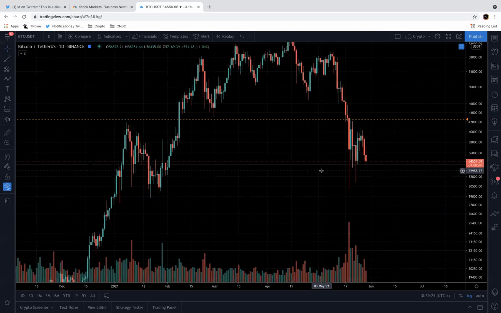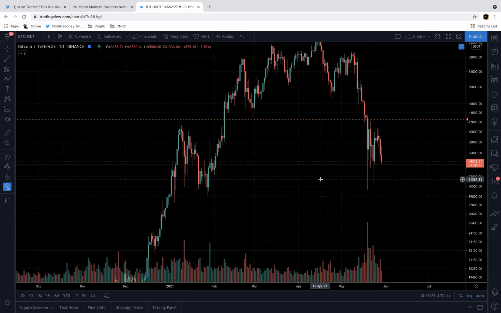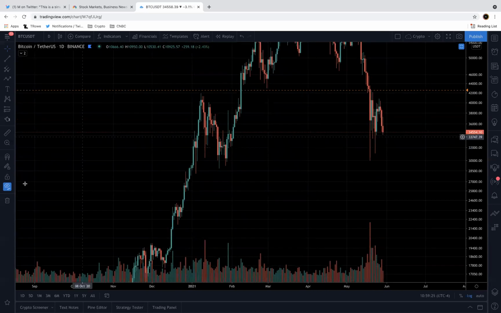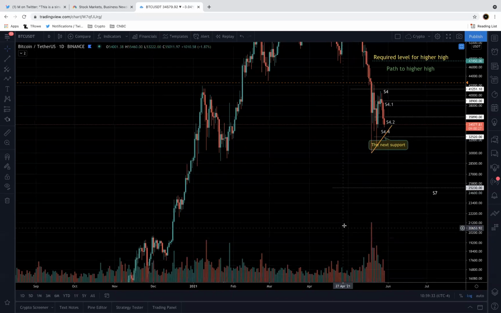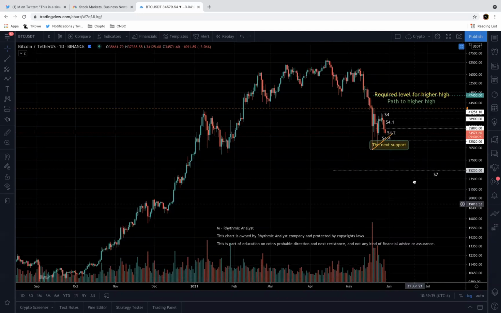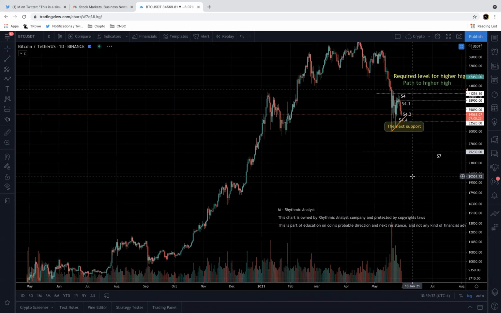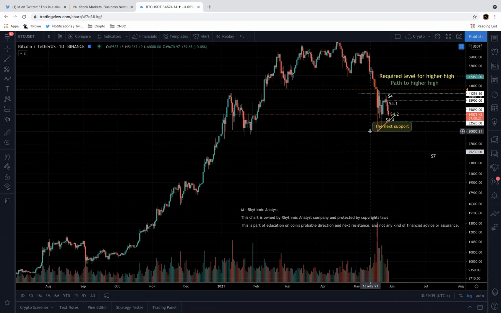So this is the big picture, right? And we have this lower support up to S7, up to here. Even if it touches here, it is not going to break the trend. But yeah, after that it is meaningless to me. Even after this one, it is not so good.